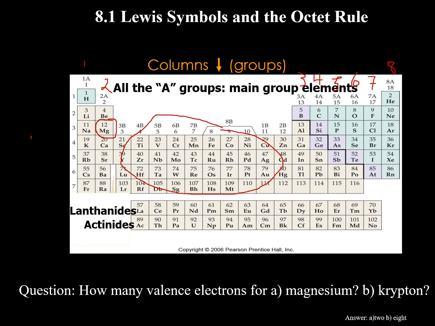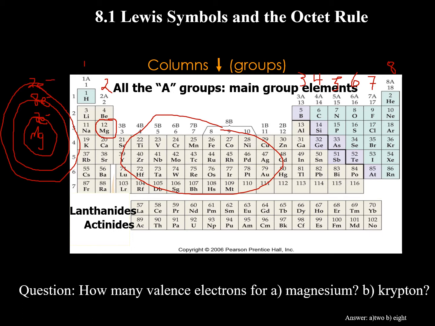For Mg, as you know, on the first level we have 1s2, and then the next level, you can think of it as 2s2 2p6, which is 8 electrons. And then level 3, 3s2, has 2 valence electrons. For krypton, it is a noble gas, 36 protons, 36 electrons. It has 8 valence electrons.